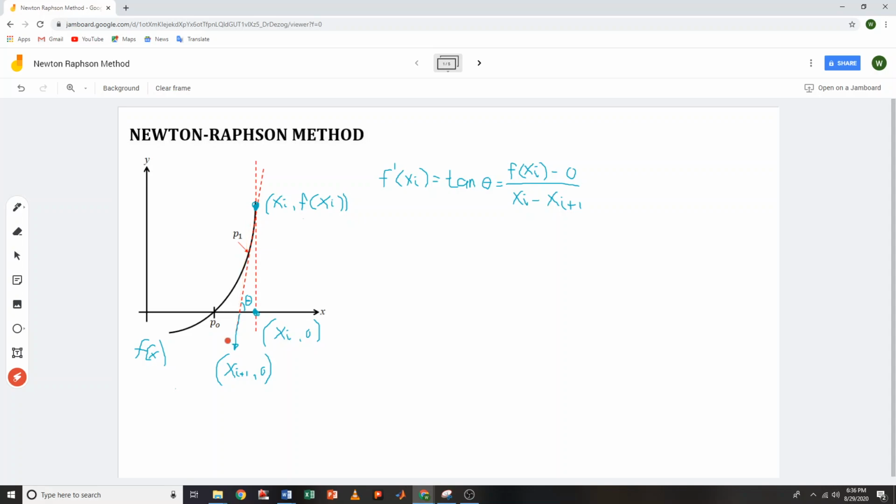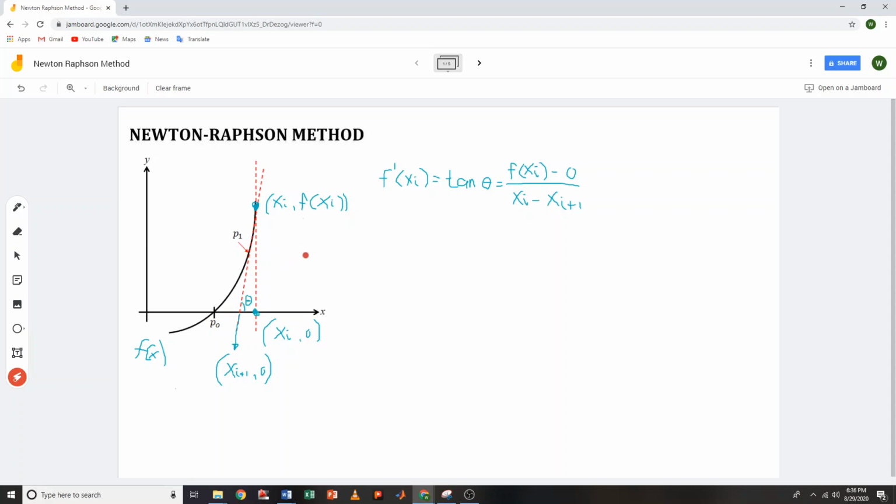The tangent line must always cross the x-axis, so take note of this dotted red line. It is always crossing the x-axis and is tangent to the curve. With that, p1 is determined and the sequence continues.